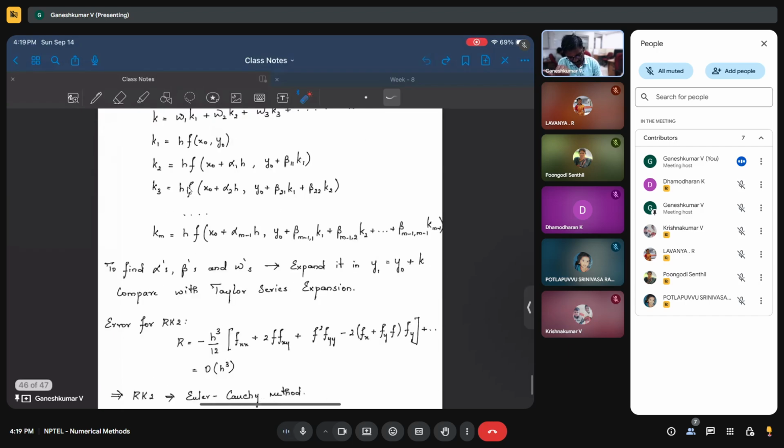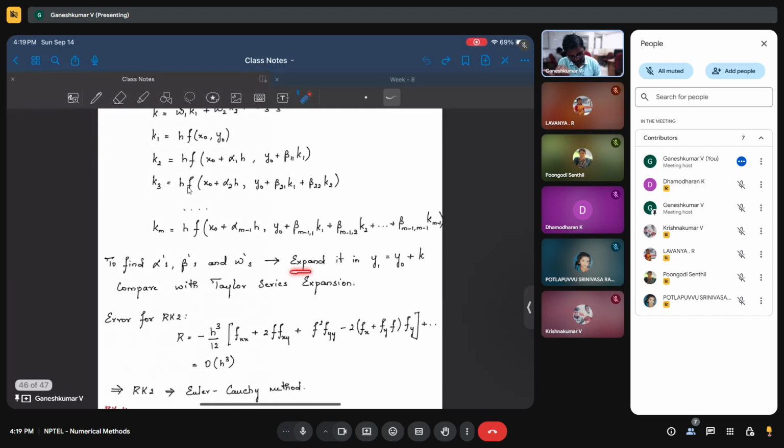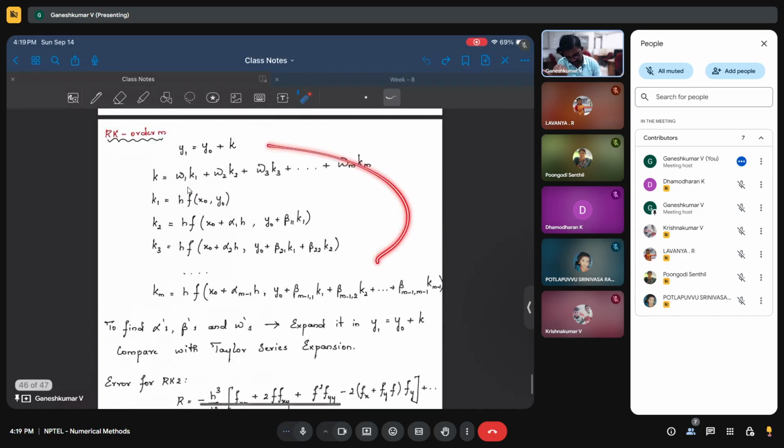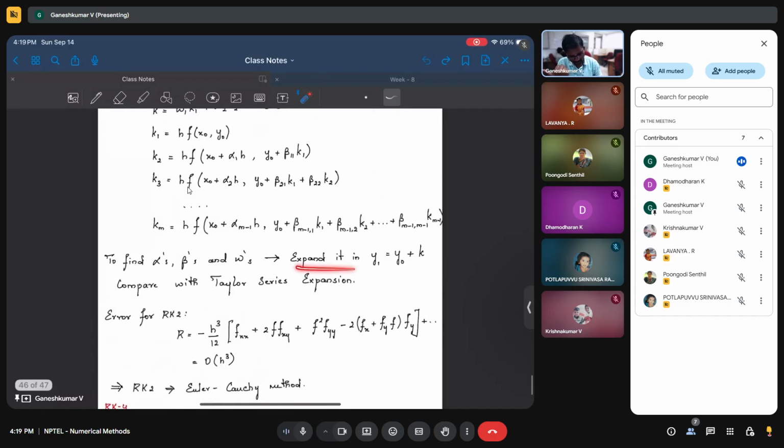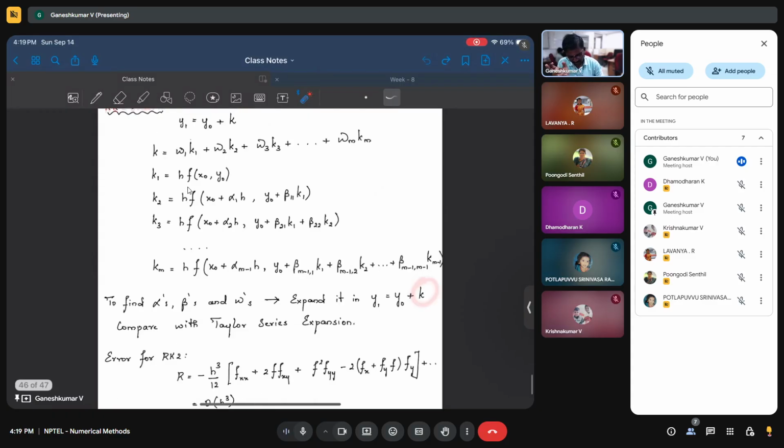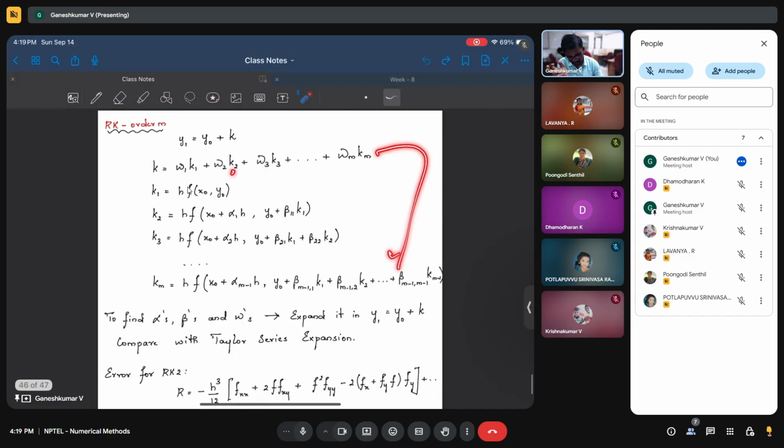Then finally you substitute all this in here, and expand it as y1 equal to y naught plus k. Instead of k, you substitute this whole relation with k1, k2, k3 and k4, and equate that to this y1, which can be represented as a Taylor series, right? Equate those two, and you will end up having some equations using which you can find these constants.